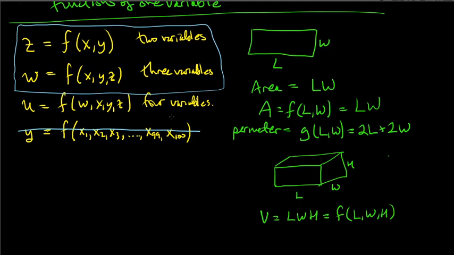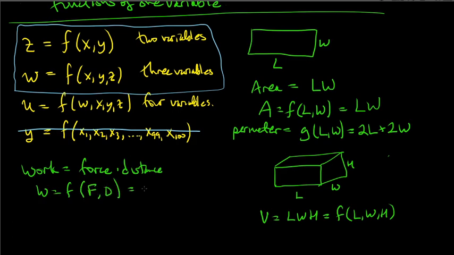And some of you, if you've had physics, you might be familiar with work. It's just force times distance. So work is a function of two variables, let's say force and distance. Again, it's just the product.